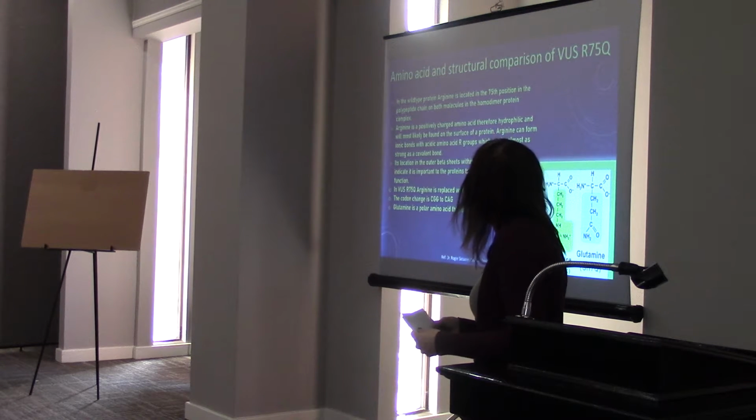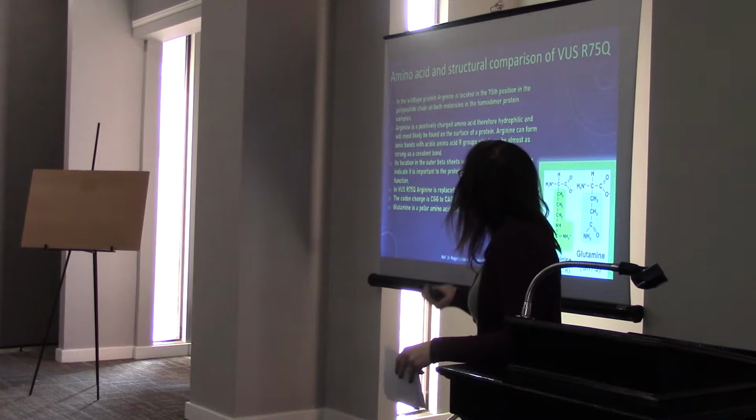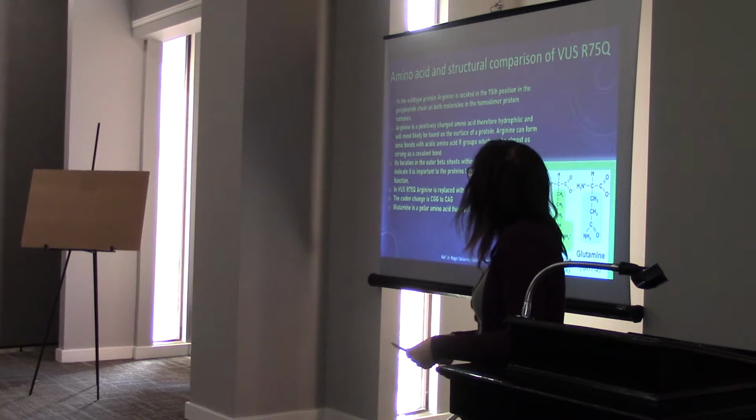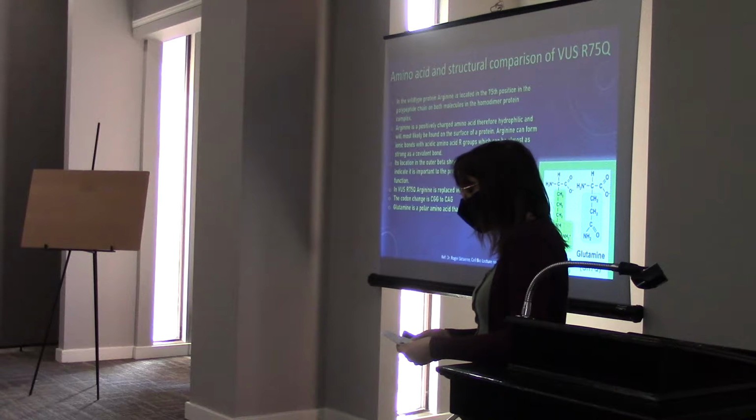Okay, so the amino acid and structural comparison of VUS R75Q. In the wild-type protein, arginine is located in the 75th position in the polypeptide chain in both molecules of the homodimer complex. So arginine is a positively charged polar amino acid. It will most likely be found in a position on the surface of a protein.